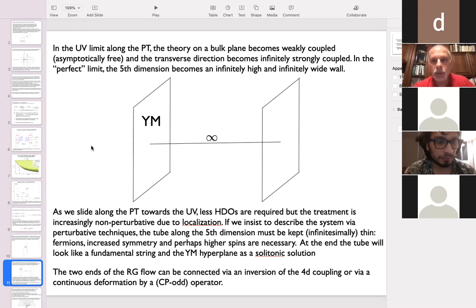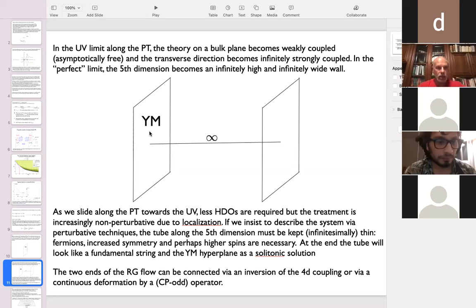So in the limit where the anisotropy goes to zero, the flux tubes along the extra dimension become infinitely long and infinitely wide and infinitely strongly coupled. What is there left? There is an SU(N) Yang-Mills again, four-dimensional, at weak coupling.